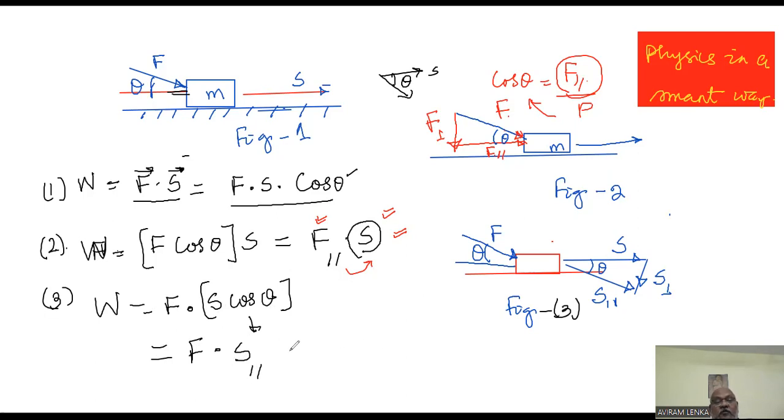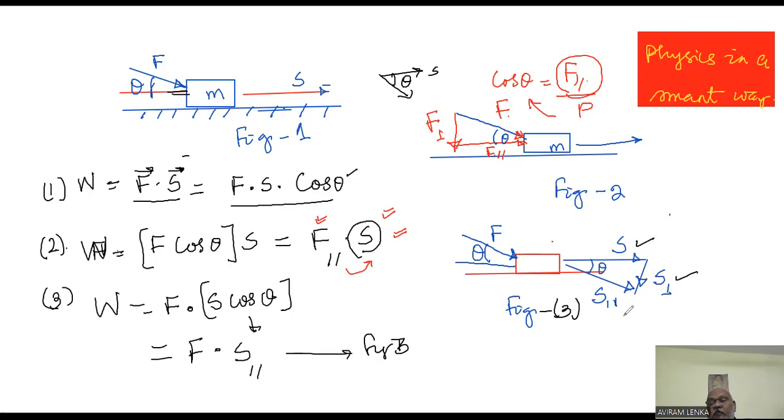You refer to figure 3. In figure 3, we know the force makes an angle theta. If I extend the force line, that angle will be the same angle when you resolve the displacement into two components.